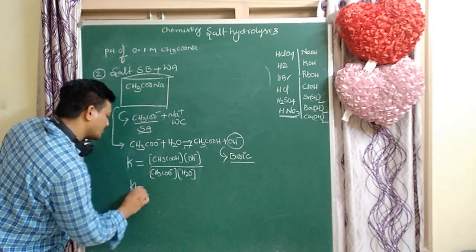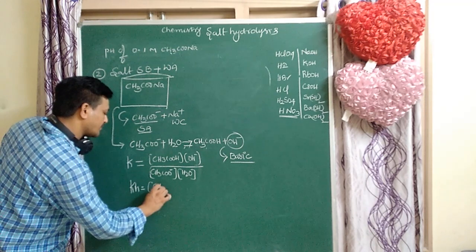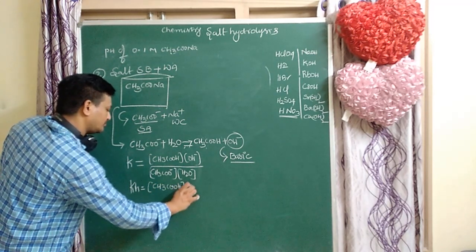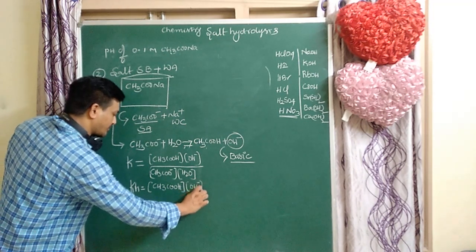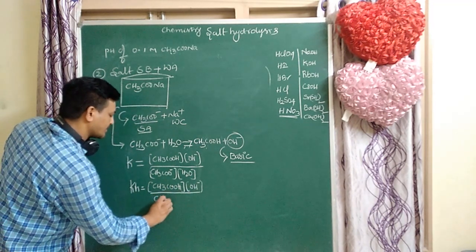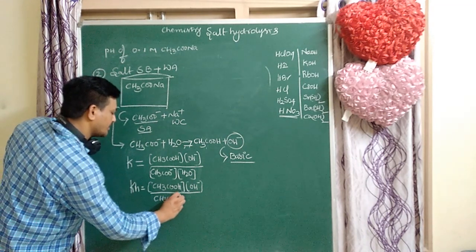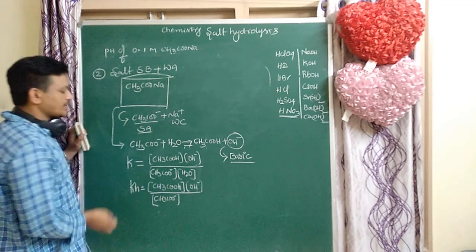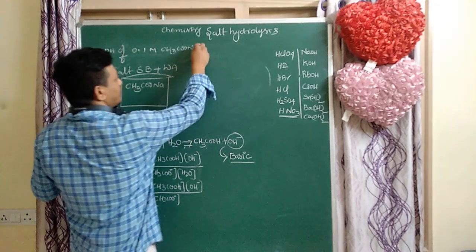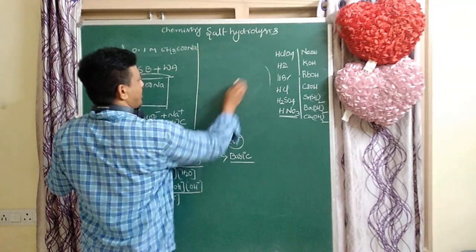KH equals the concentration of acetic acid times the concentration of OH minus, divided by the concentration of acetate ion. This is very, very important. KH means the hydrolysis constant.